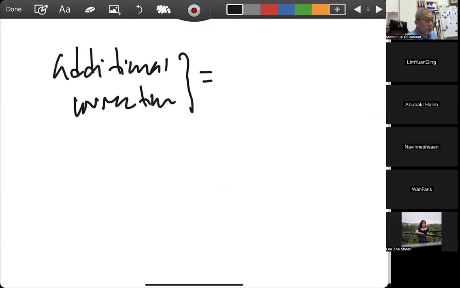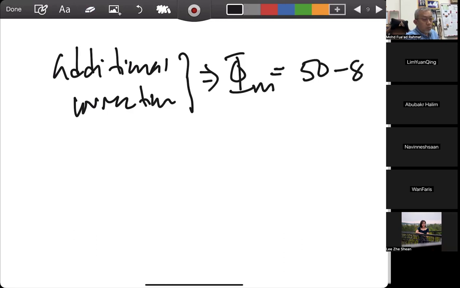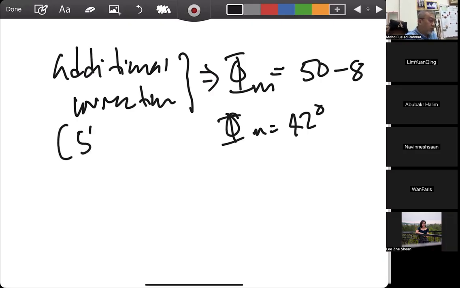The phase margin equals 50 minus 8, about 42. So the correction factor is between 5 to 12 degrees. You can use 10 or whatever.